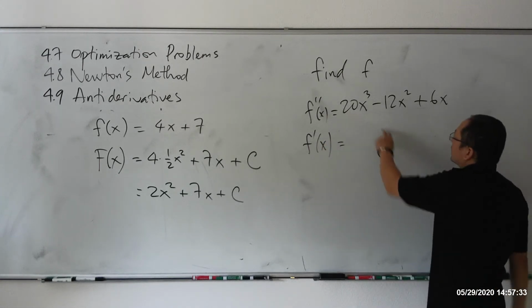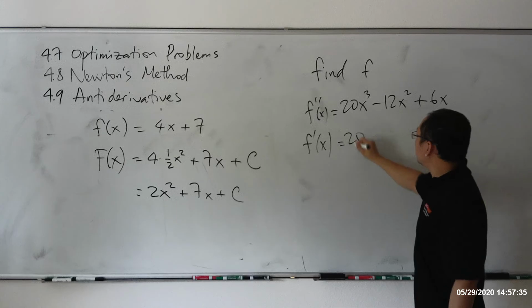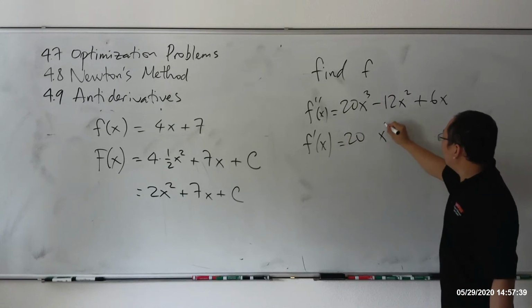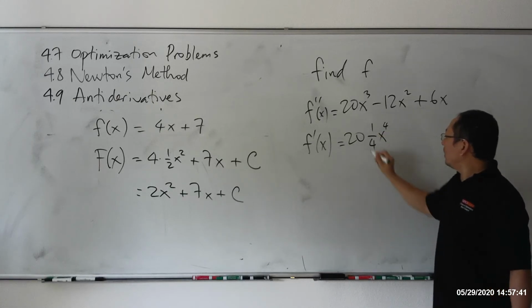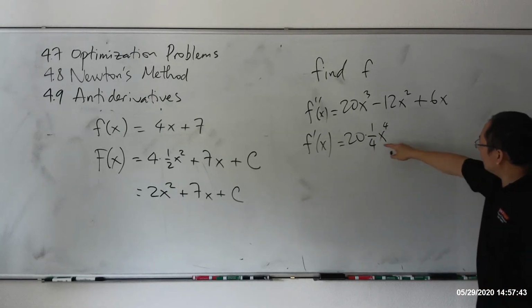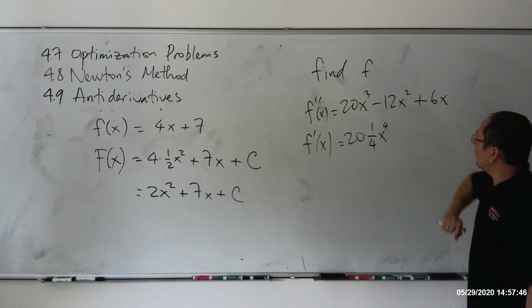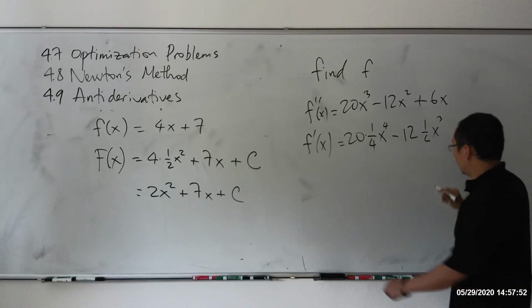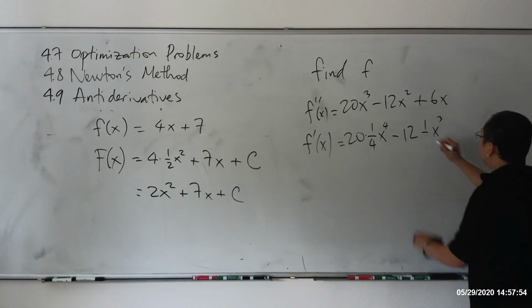This is 20x cubed, right? So 20 is a constant outside. X cubed, going back to f prime, goes to x to the 4, and then you got 1/4 in front. Because the derivative of 1/4 x to the 4 is going to be x cubed. And minus 12x squared, so the antiderivative is x cubed, and you got 1/3 in front.